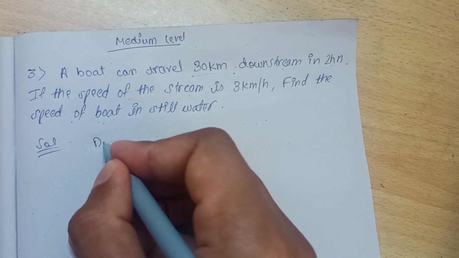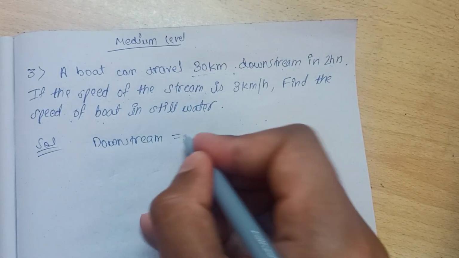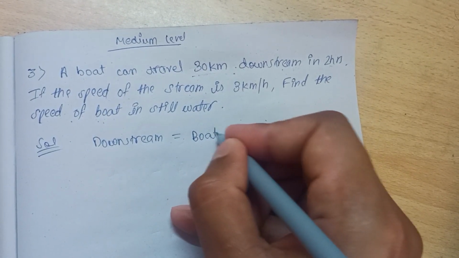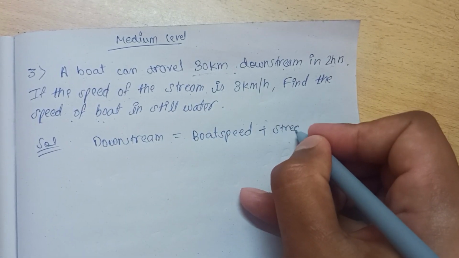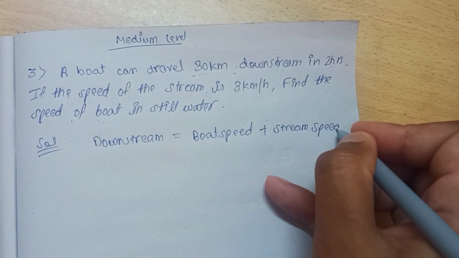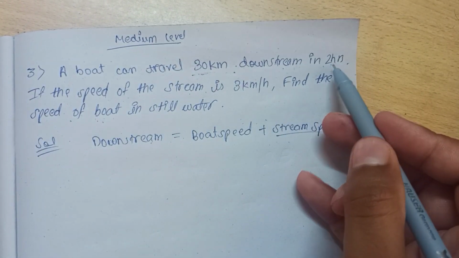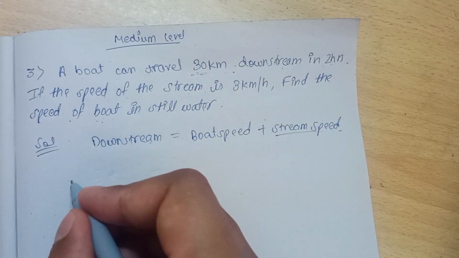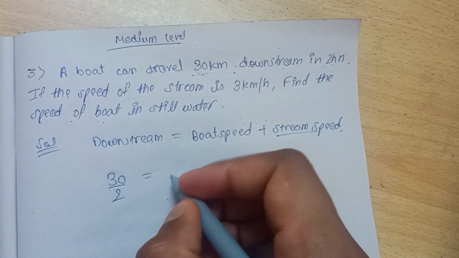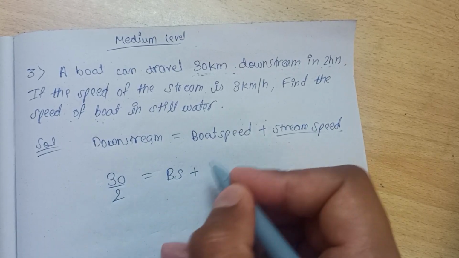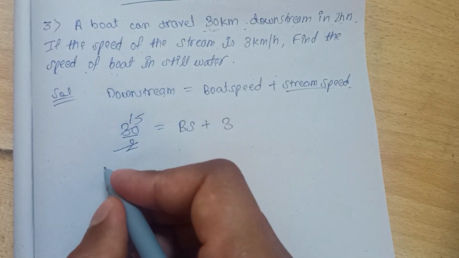So downstream is equal to boat speed plus stream speed. This we can calculate with the help of speed equals distance upon time. So downstream will become 30 by 2, and boat speed we have to calculate plus stream speed is given, which is 3 km. So this will become 15 km.